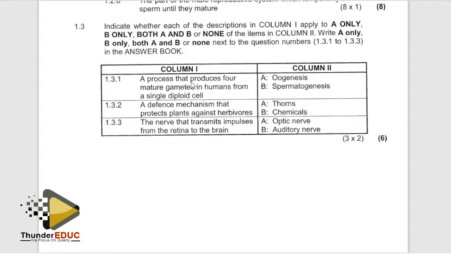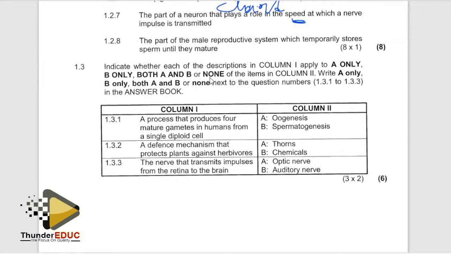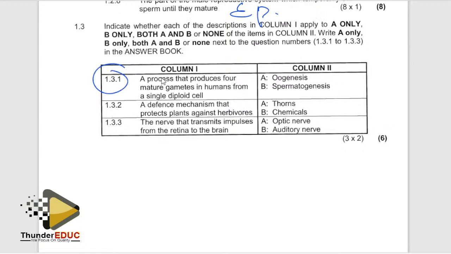The process that produces, so I said this is epididymis. Okay, saying that the process. Okay, now we are here, guys. I hope you wrote A only, B only, both A and B, or none. You didn't just write A, B, none.